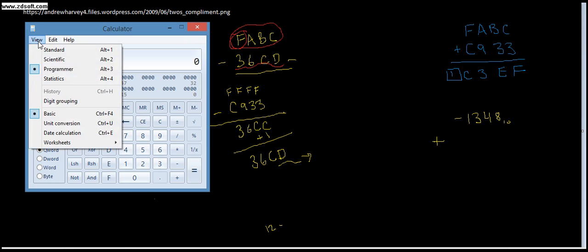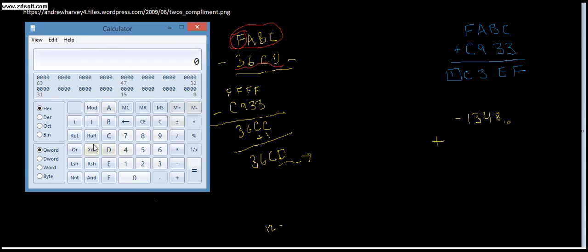By the way, you can just go to Programmer under View to get this layout. So hex, and then is this a word size? Here you see how many bits? 1, 2, 3, 4, 16. Alright, 16 bits. If you recall, that is a word size.